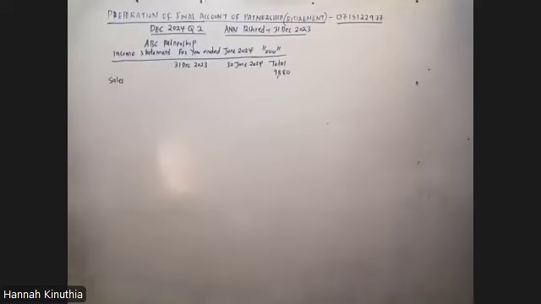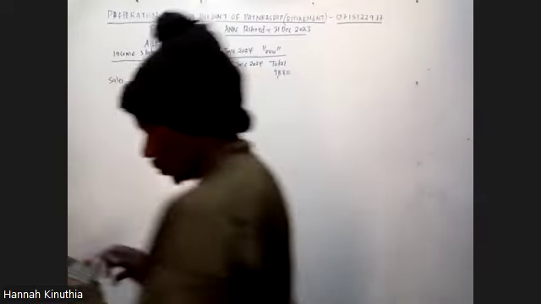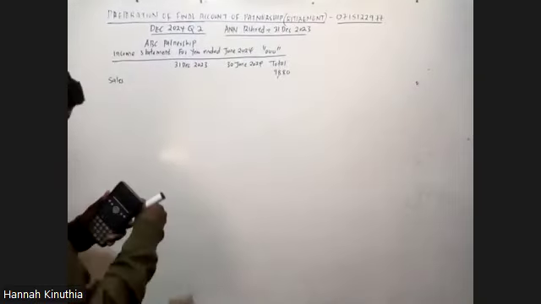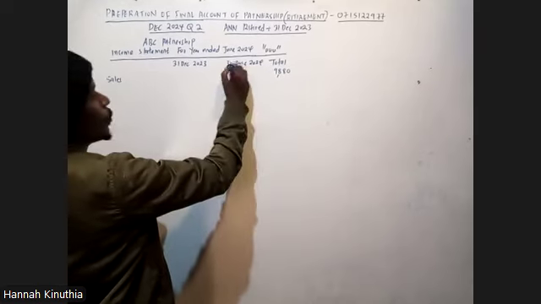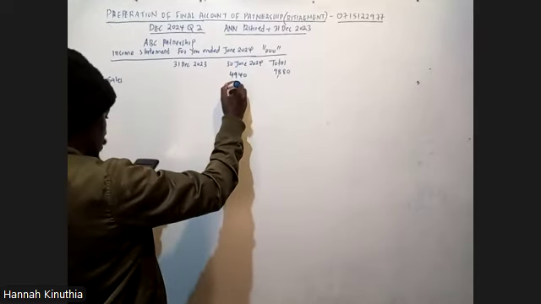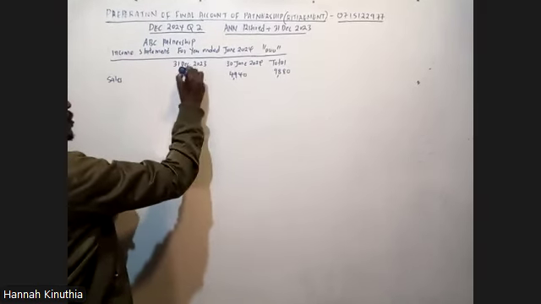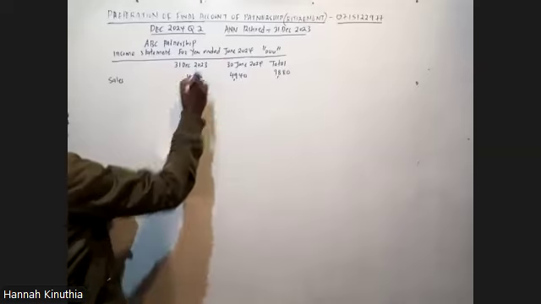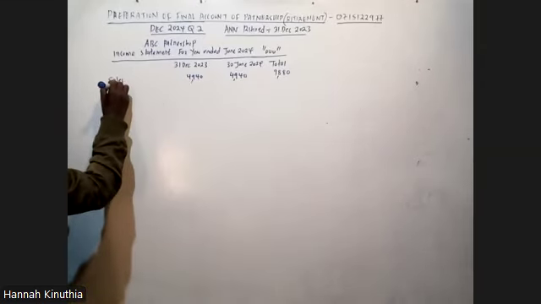I have found a calculator. So 98.80 divided by 2 is 49.40. So this period was 49.40, and this one is 49.40. Then you are supposed to less cost of sales.